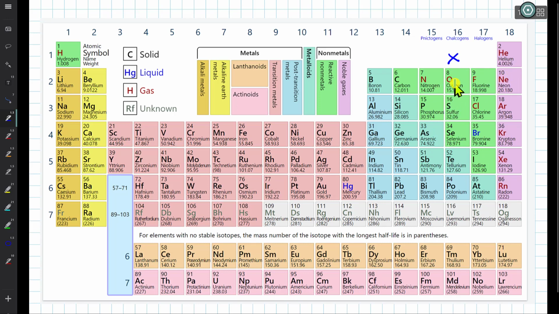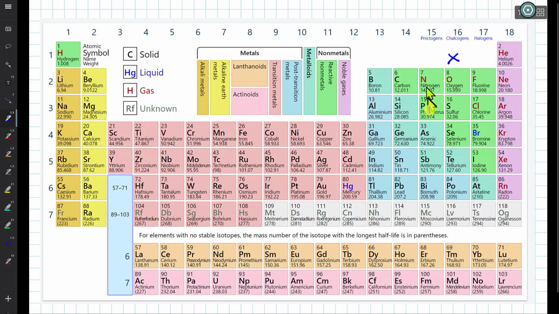So oxide ion is 2-, sulfide is 2-, selenide is 2-, etc. So this comes again as one of those predictions from quantum mechanics that if you can pick up 2 electrons to achieve the noble gas electron configuration, what you end up having is a more stable ion, and that's the tendency for all of these elements in this group.